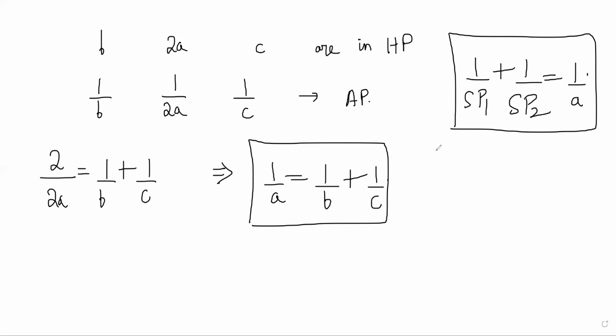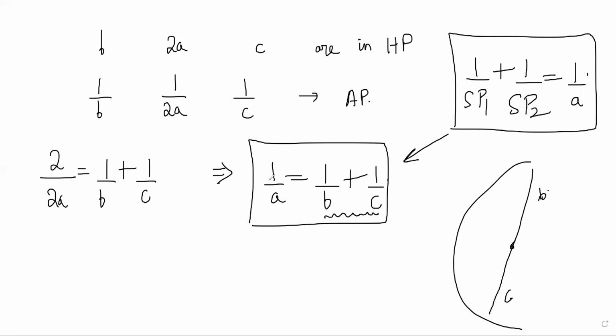So this is saying the same thing, that if you have a focal chord, the two segments, let's call them B and let's call this C. 1 by B plus 1 by C will always be 1 by A, right? So that will mean that 1 by B, 1 by 2A and 1 by C are in AP and B, 2A and C are in HP, right?